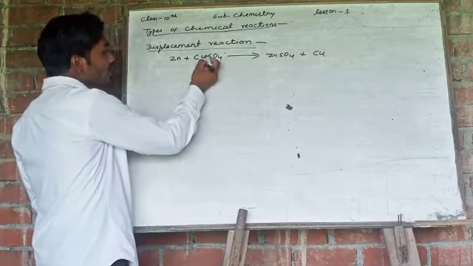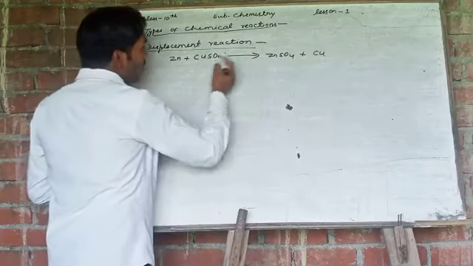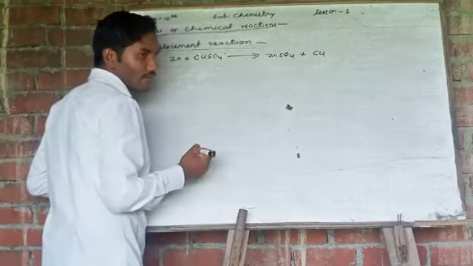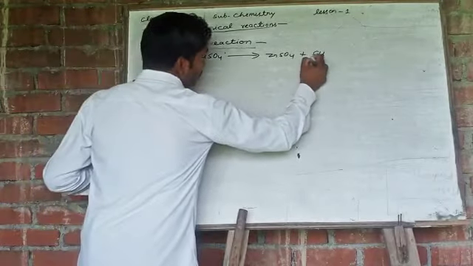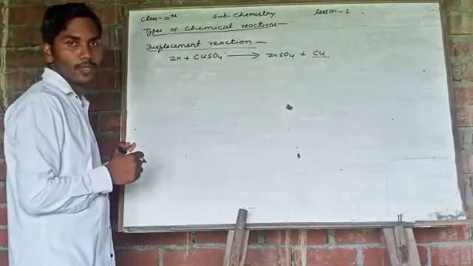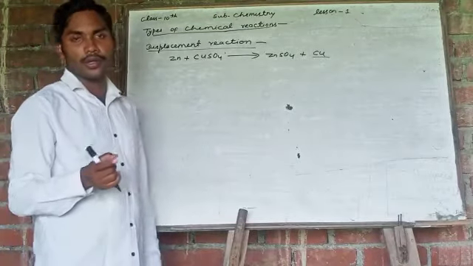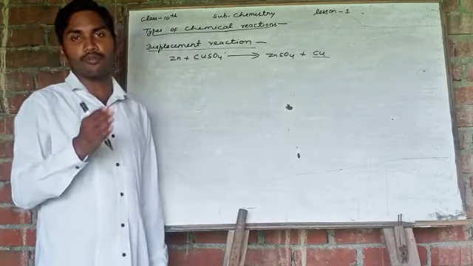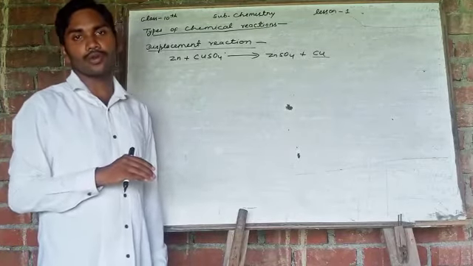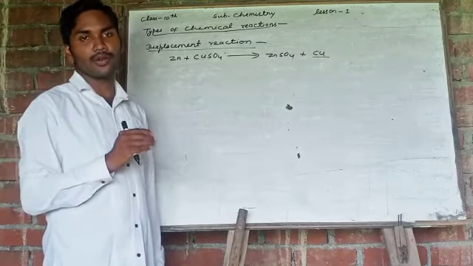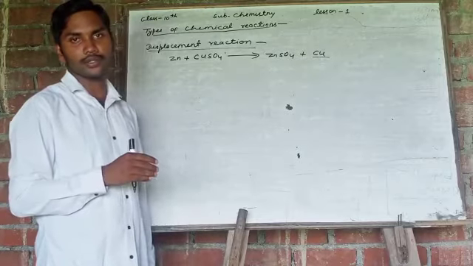So zinc is displacing copper and taking the place of copper, and it is forming zinc sulfate. And here copper has been displaced. So in displacement reaction, the element which is more reactive will displace the less reactive element from the reactant.